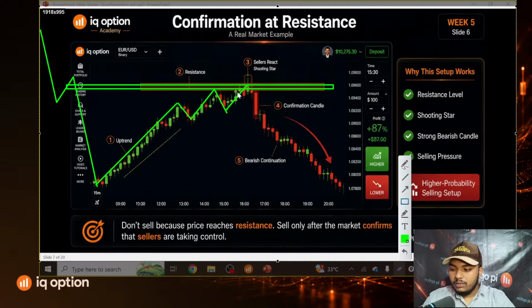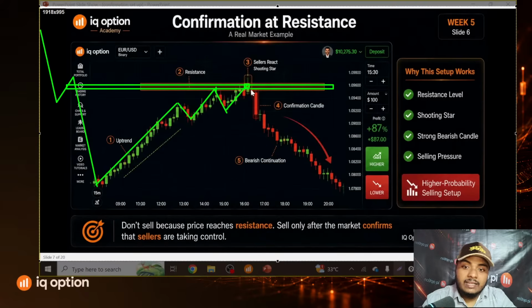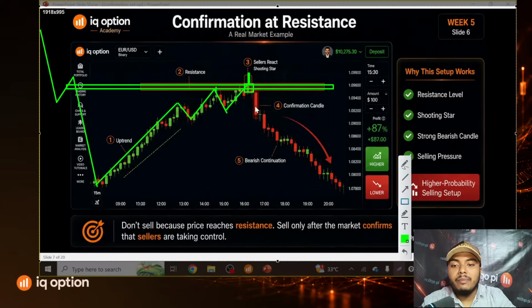But you see, market exactly closes at this area. The first time market gets rejected here, and the third time, when the buyers exactly close at this resistance area, they get rejected. Also they get rejected and make a bearish inverted hammer candle. A bearish inverted hammer candle simply indicates a selling pressure.